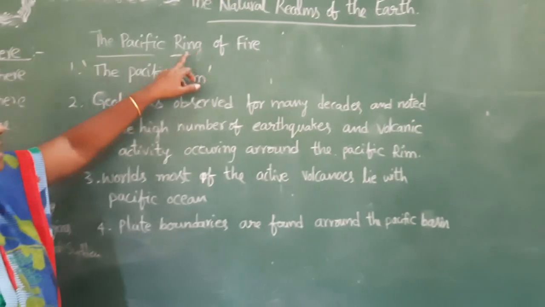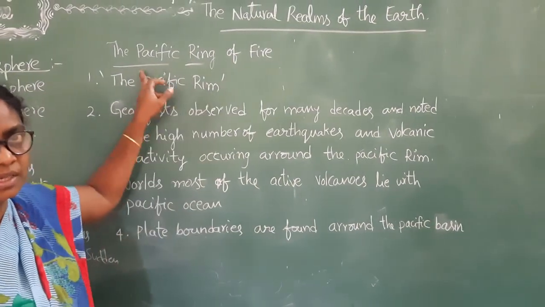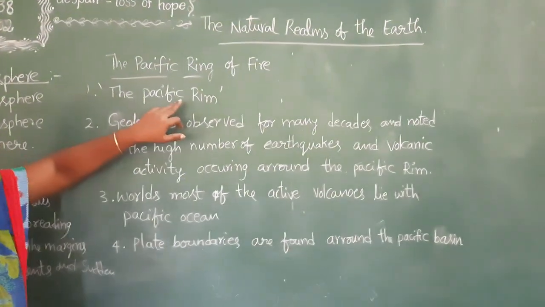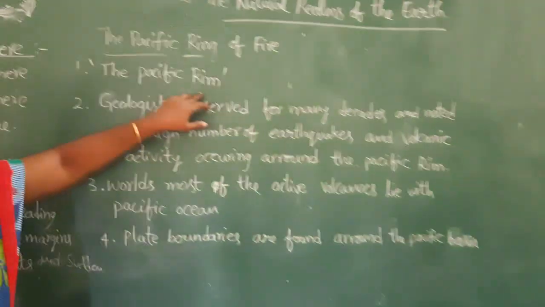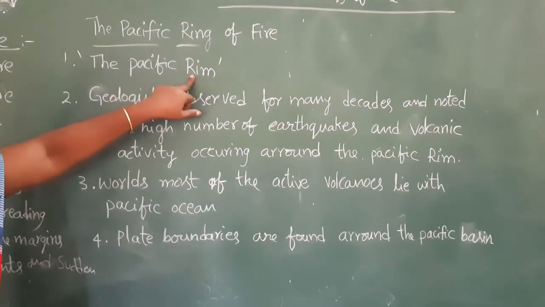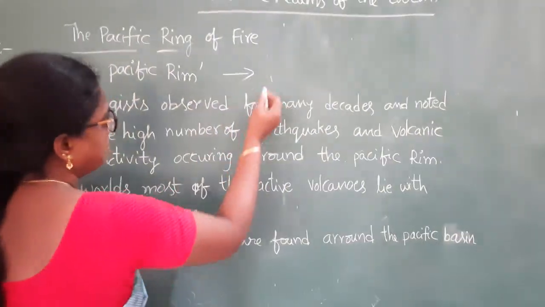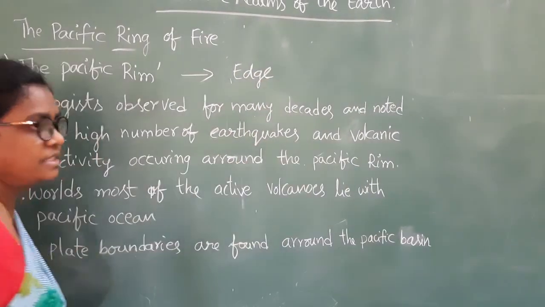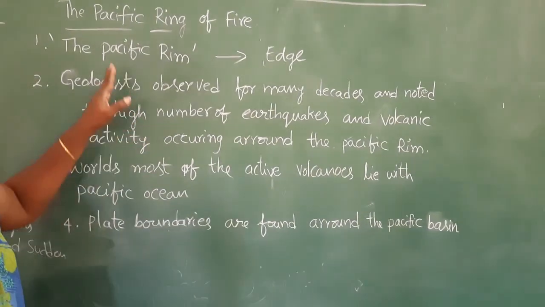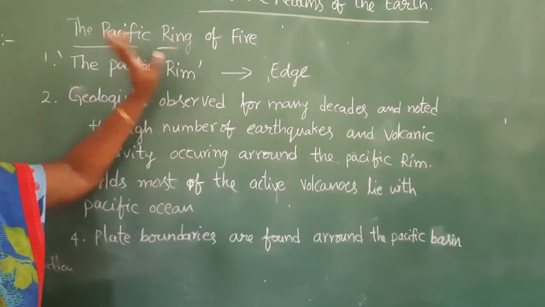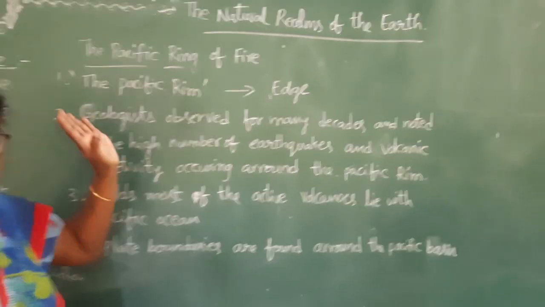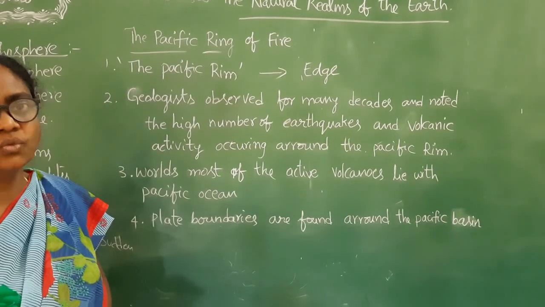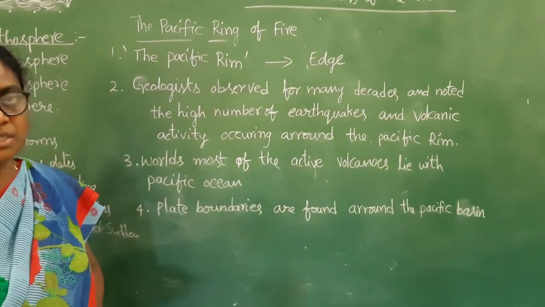Next, the Pacific Ring of Fire. What is the Pacific Rim? Rim means edge. Here, the Pacific Ring of Fire. We know that the Pacific is the largest ocean among all the oceans.